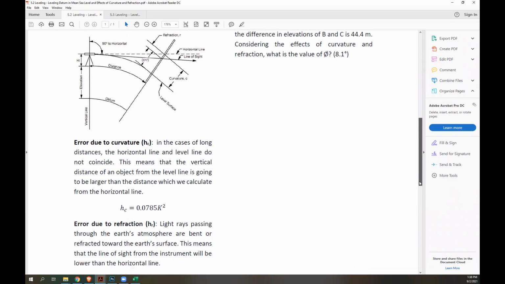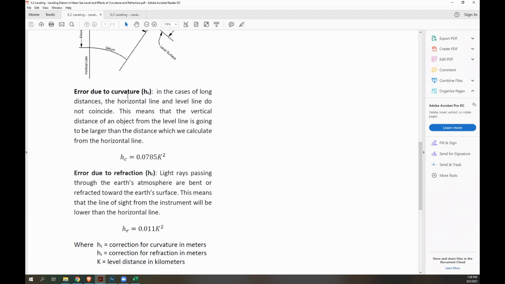Now let's have your formal definitions. The error due to curvature, we call that H sub C. In cases of long distances, the horizontal line and level line do not coincide. Remember, level line is the line that is perpendicular to all points on a vertical line. In short, it just follows the curvature of the Earth.